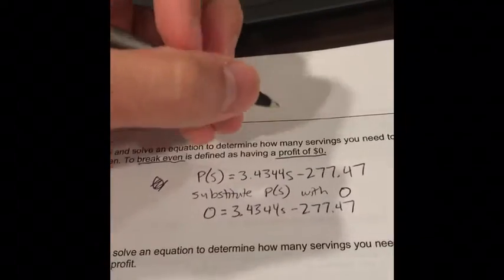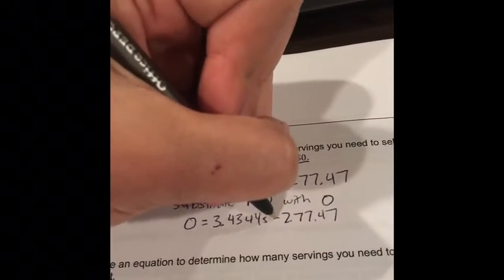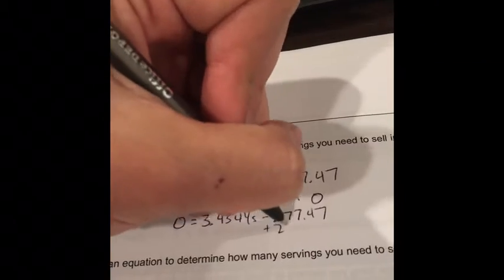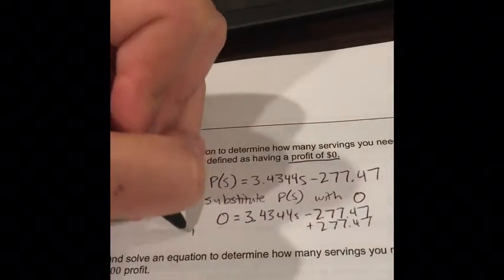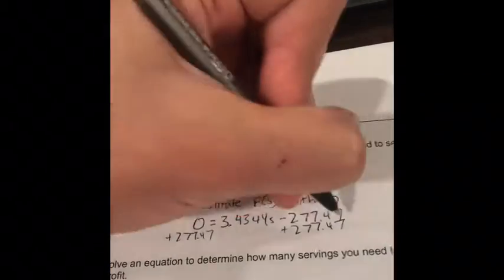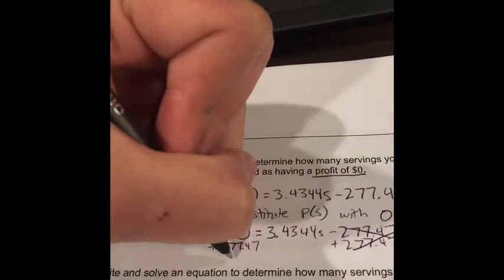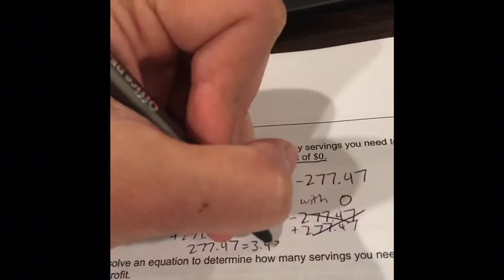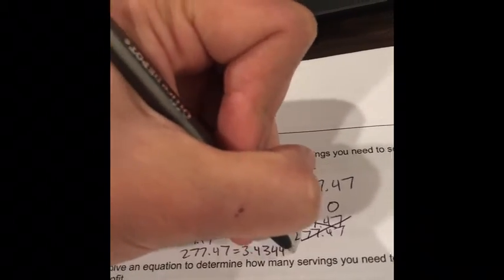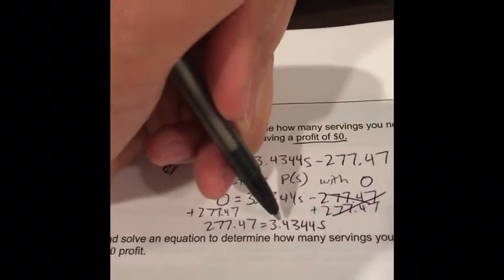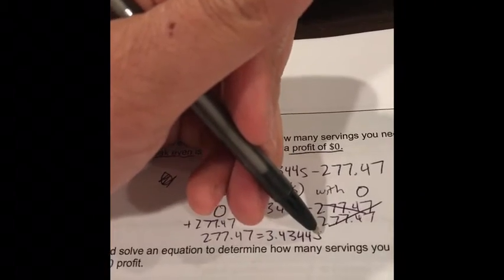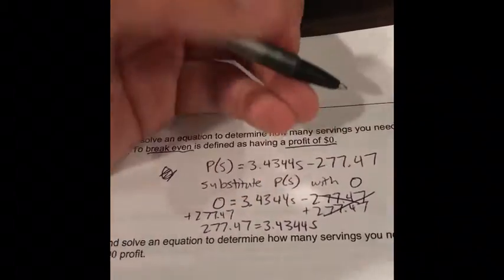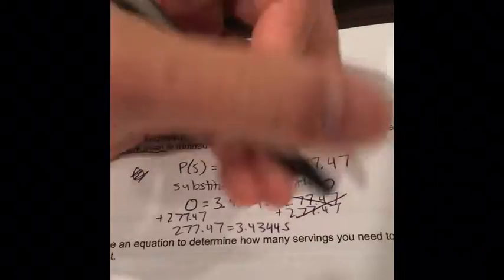Then all you have to do is inverse operations. So here you have minus, you add 277.47 on both sides. Cancel out. This becomes 277.47 equals 3.4344S. Sorry, there's a lot of numbers. All right. Now we have a number and a letter, variable. That's multiplication. What's the inverse of multiplication? Division.